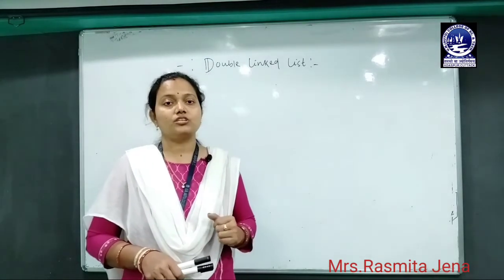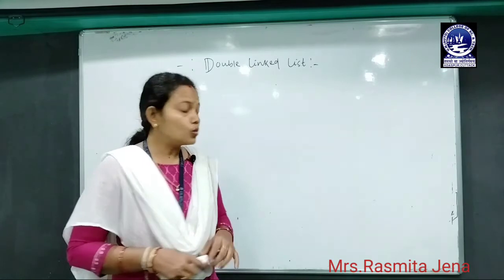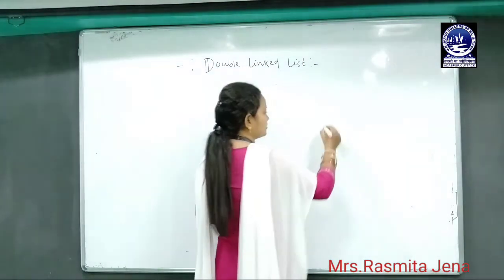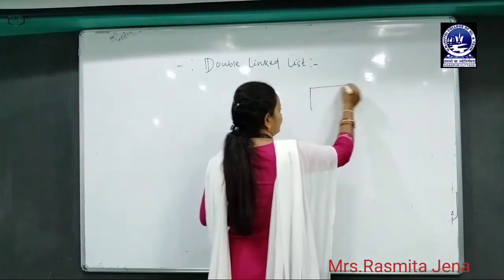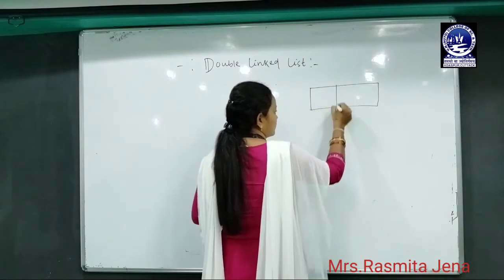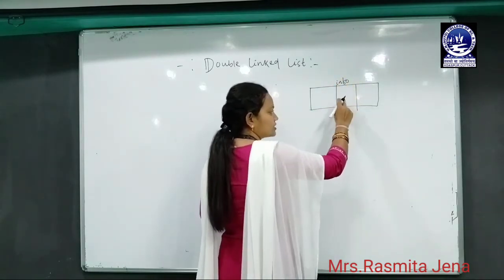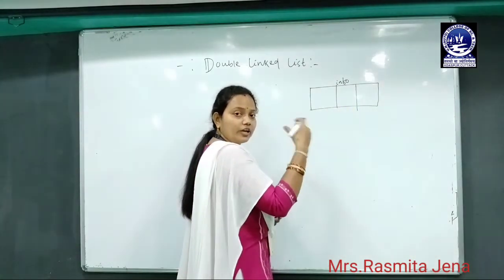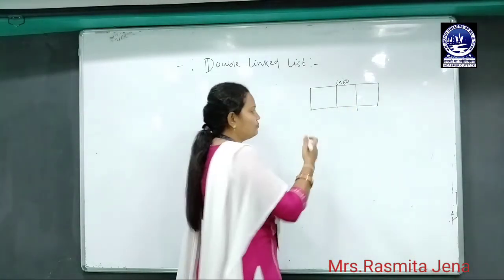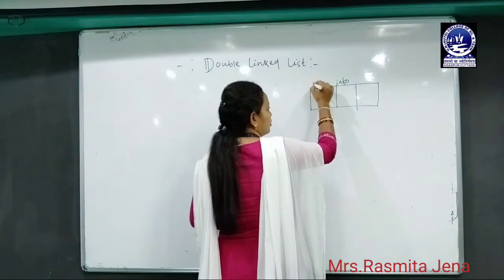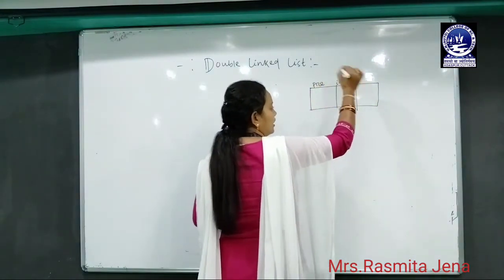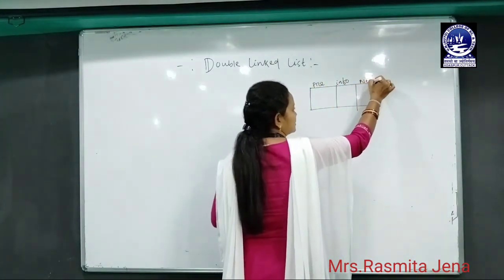Then what is the structure of the double linked list node? The structure is like this. Each node has three parts. One is the data part or information part, which contains the data input according to the program. Then this one is the pre-pointer, and this one is the next pointer.